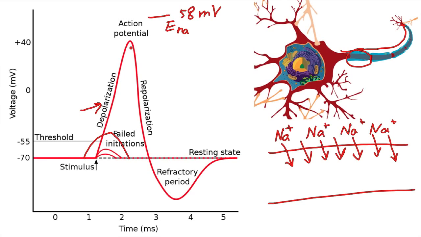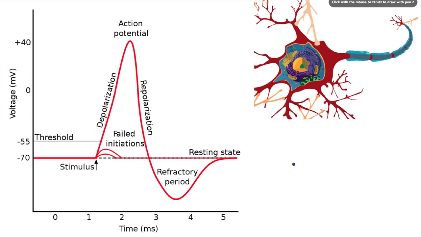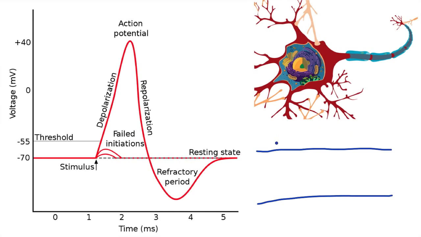So I'm going to erase all of this now, and we're going to take a look at the axon again. I'm going to draw it here in blue. And inside the cell, we have a bunch of potassium ions. Now we have such a positive charge on the inside that potassium ions want to leave because positive repels positive.